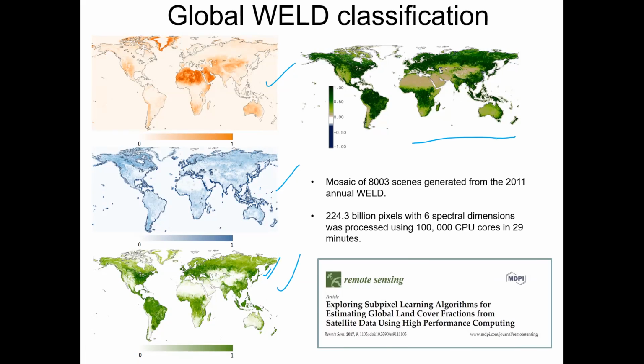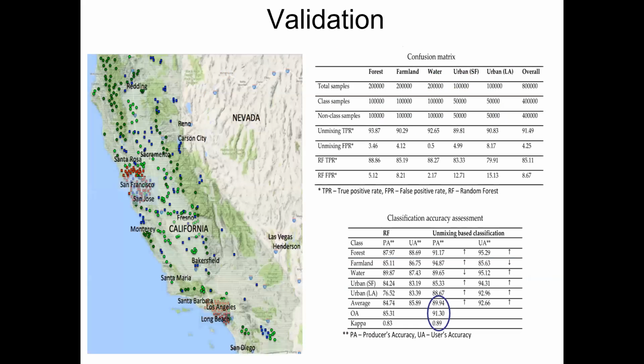The idea was to see whether the vegetation abundance map looks similar to the global vegetation distribution through NDVI. You can see that most of the vegetation areas here are also revealed through the unmixing map. This particular work was published in the Remote Sensing Journal.